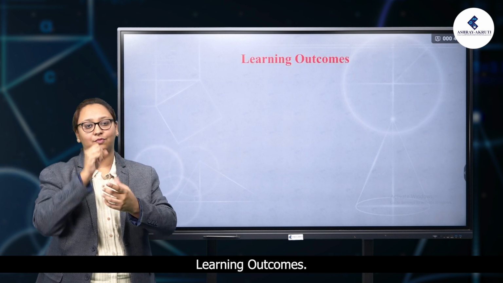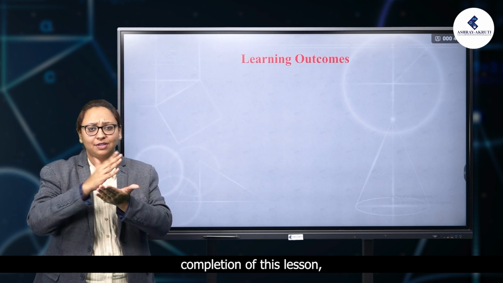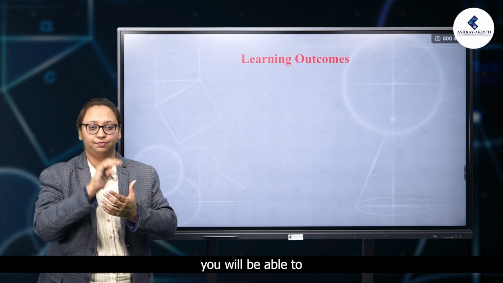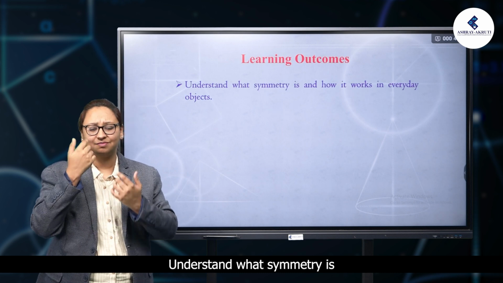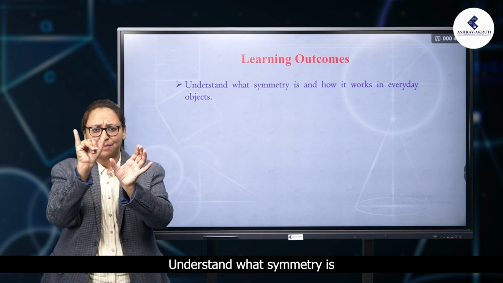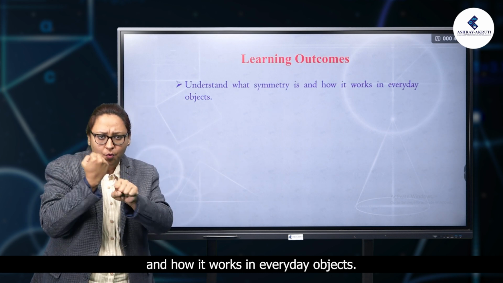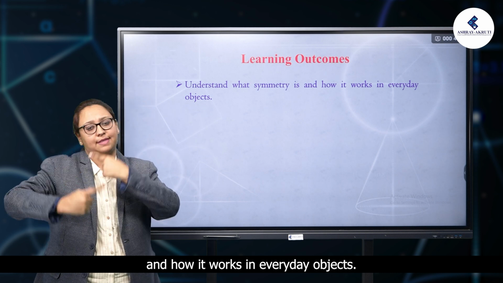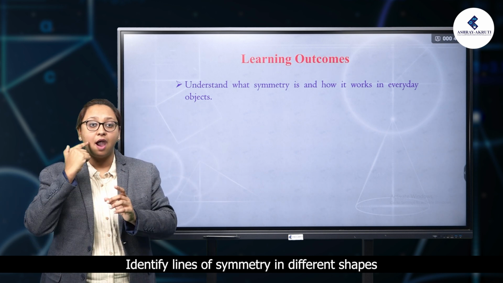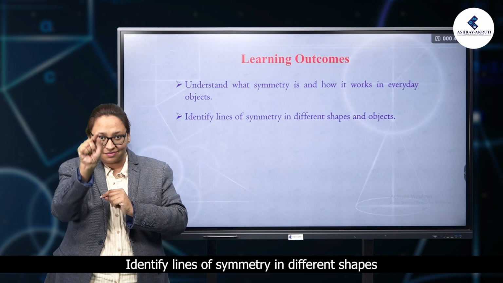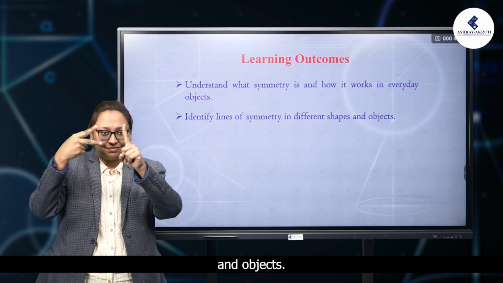Learning outcomes. After the completion of this lesson, you will be able to understand what symmetry is and how it works in everyday objects. Identify lines of symmetry in different shapes and objects.